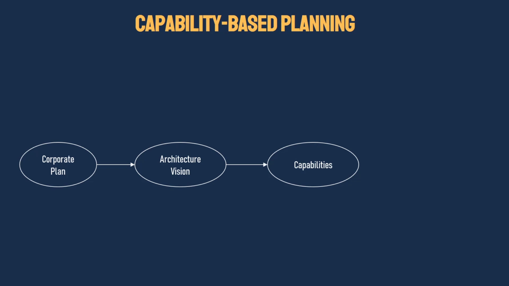So when we are talking about capability-based planning, we are basically trying to understand if we can actually achieve the architecture vision, which then achieves the corporate or strategic plan.